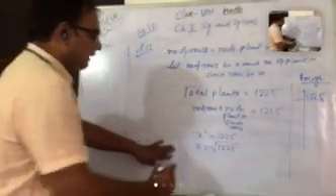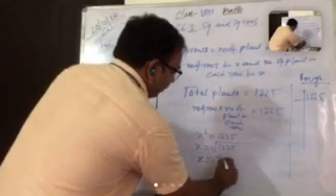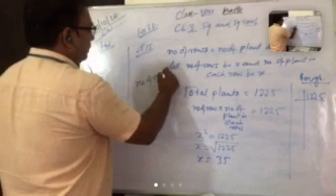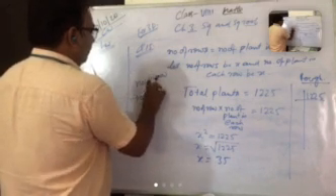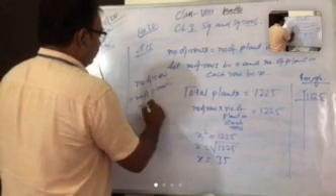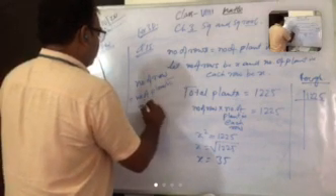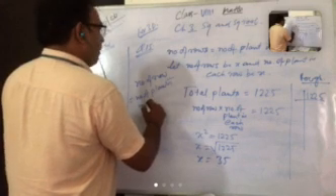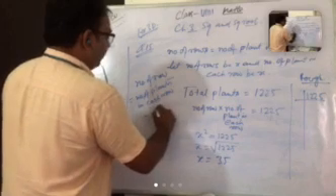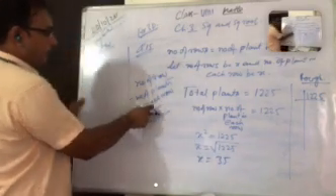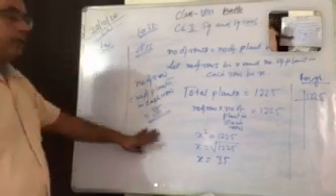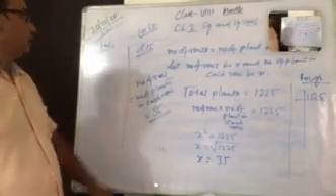The answer is x is equal to 35, means the number of rows is equal to the number of plants in each row, which is 35. Now it is clear? Any doubt? You can ask. Okay.